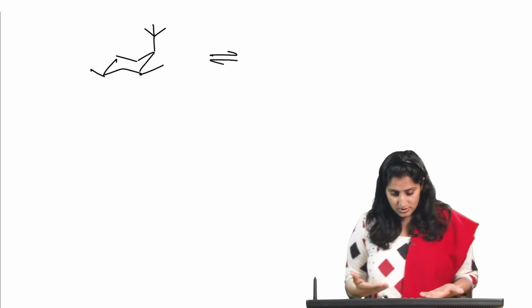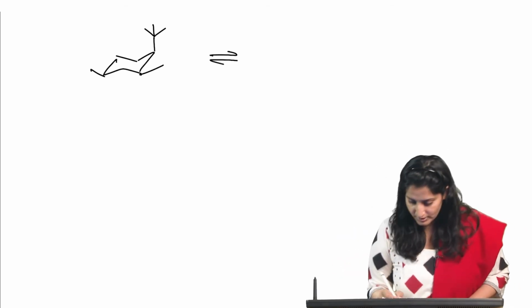We are going to draw the chair flip of this cyclohexane, and then figure out the KEQ for the equilibrium between the two conformations. With the help of this KEQ, we are going to predict whether the products or the reactants dominate, in the sense of which of the two conformers is in the majority. So, let us now try to draw the chair flip.